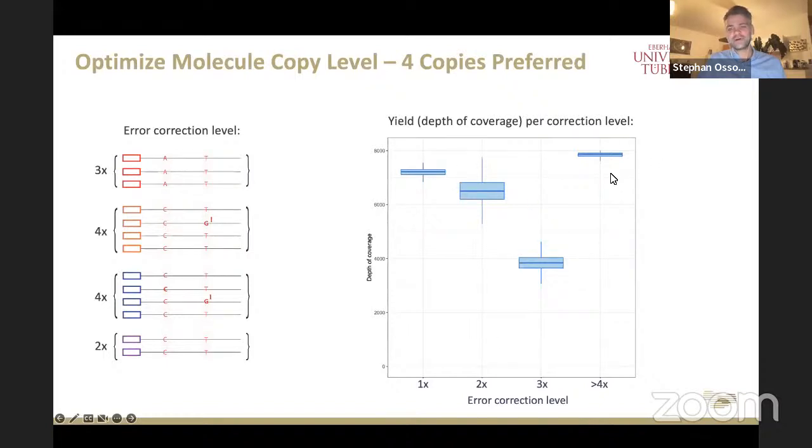So about half of our reads will not have enough copies to get the optimal error rate. And the other problem is if we have many more than 4 copies, then we lose sequencing power. So we don't want many more. So our optimum would be to have a peak at 4 copies. But that's really tricky and doesn't always work perfectly.